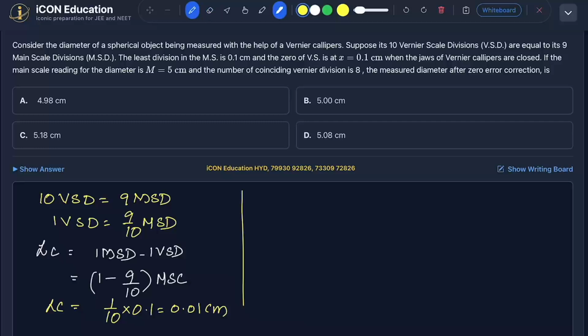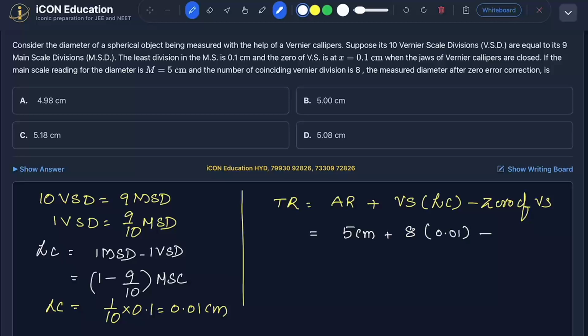So by using this we can write the true reading is equal to actual reading plus vernier scale coincidence into least count minus the zero of vernier scale. If I substitute all these things, here it is a 5 centimeter given in the data, please check, and coincidence here it is 8, least count we already calculated, and zero of vernier scale, that is a 0.1 centimeter. If you substitute all these things, you will get a 4.98 centimeter.